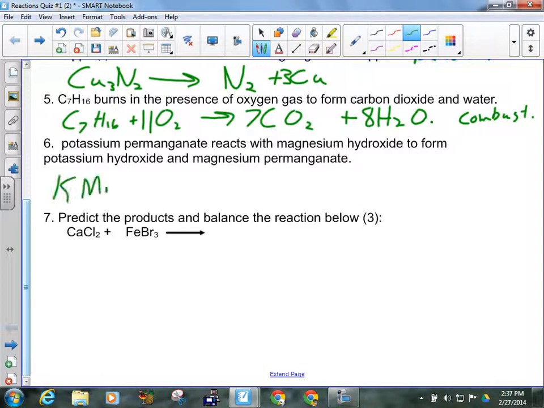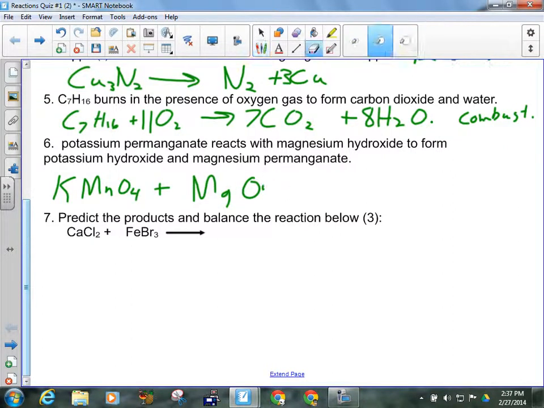Okay, number 6, potassium permanganate. That's this stuff, KMnO4. This is a -1. This is a +1, so that's swapped and dropped already. It reacts with magnesium hydroxide. Magnesium hydroxide is MgOH, however, this is +2, this is -1, so it's Mg(OH)2, and they must have the 2 outside of the brackets.